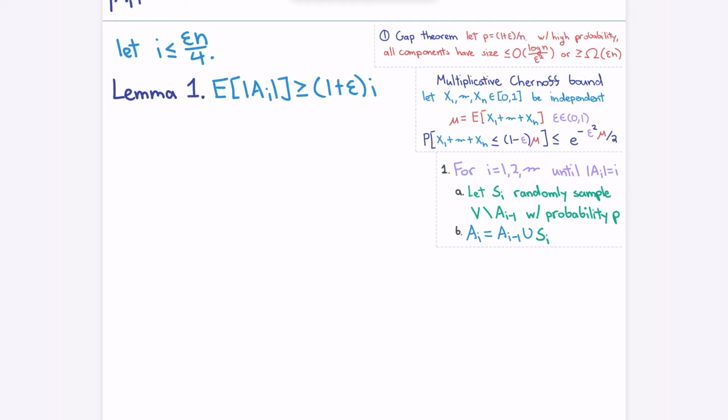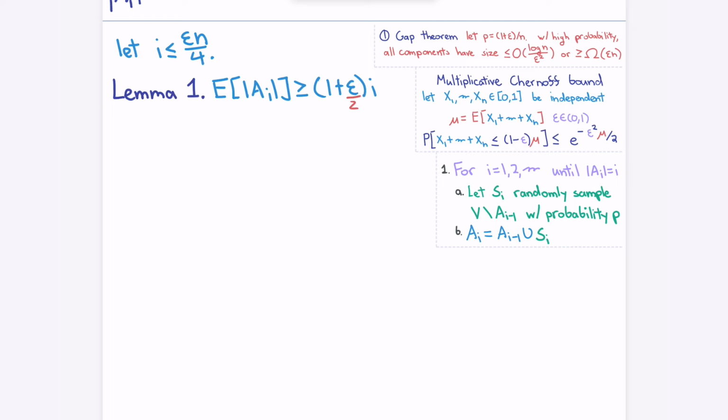So how do we do that? Maybe there should be a divided by 2, but we'll see.